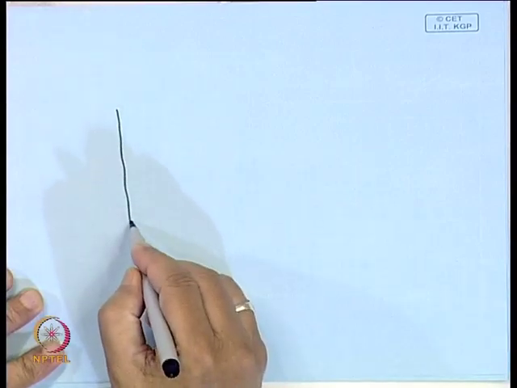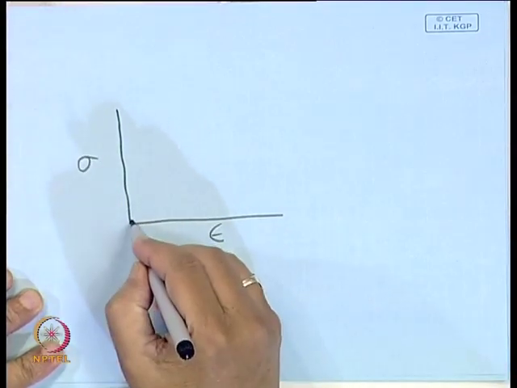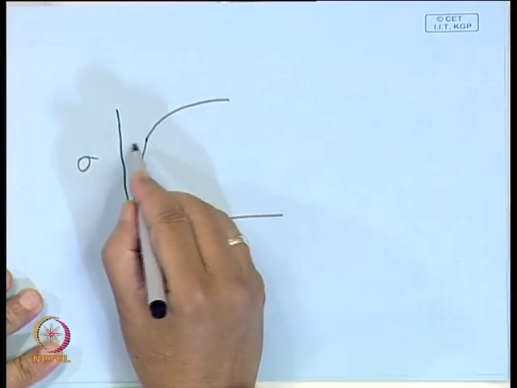And in the next class, we will look at how this deforms the crystal, what is the level of stress that you need. And we have seen in a polycrystalline material, we have looked at the stress strain diagram, and we have seen that if you draw the stress and strain, you have this elastic deformation, then you have that plastic deformation.